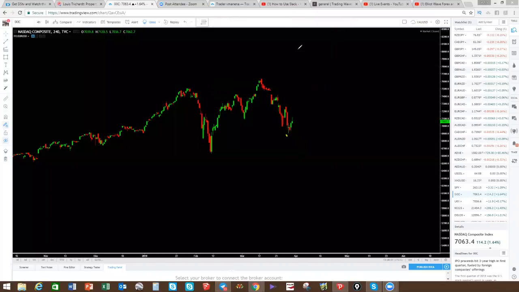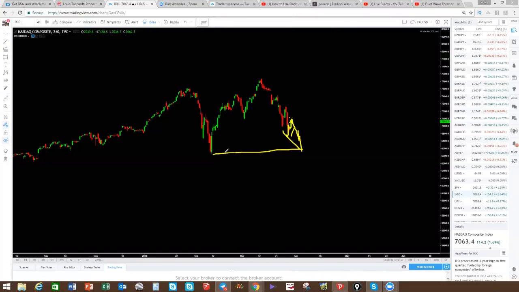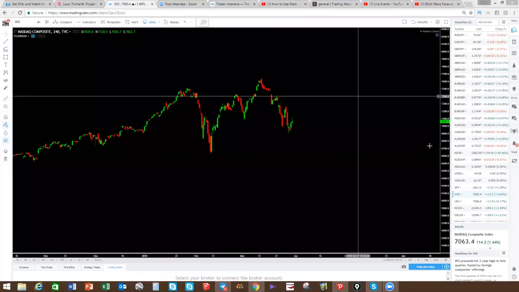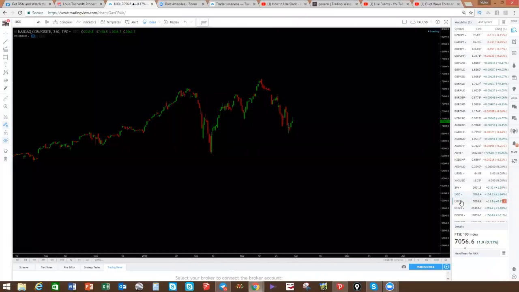So any corrective structure to the downside, you can keep selling it, but it's not safe to sell because we're expecting that they will bounce eventually around that level with this regular flat here. That is the NASDAQ.